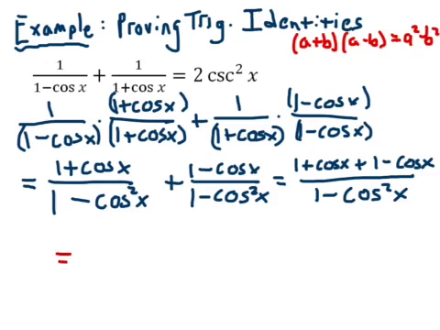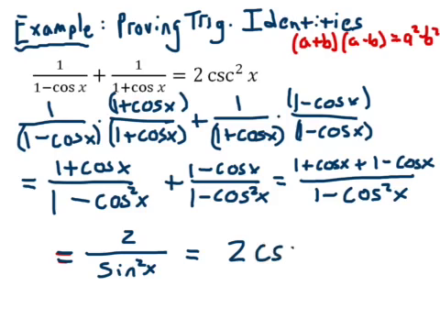Continuing on. We have, on top, as we said, 2, and the bottom just becomes sine squared of x. Okay. So if we pull this out, we have 2, and we have 1 over sine squared of x, and 1 over sine squared of x is just going to be cosecant squared of x.